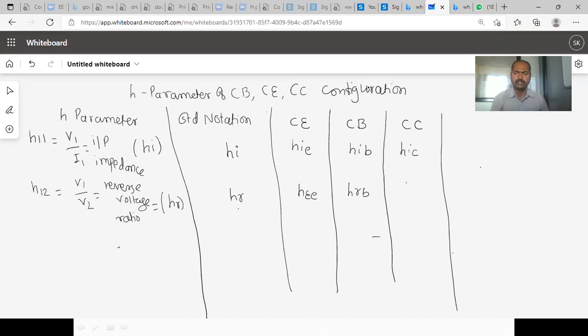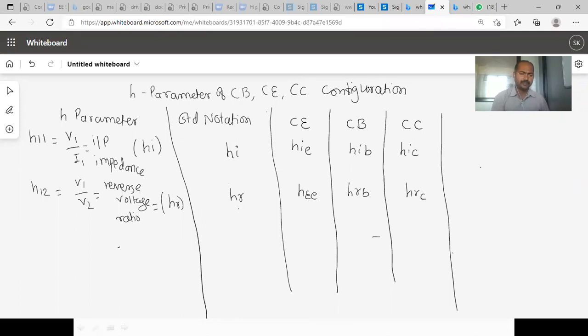Here HR for common collector, so the term is C, HRC, right? The only change is according to the particular configuration: if common emitter we take E, common base we take B, or common collector we take C. The other things, that is your input impedance HI and reverse voltage ratio HR, are common, right?